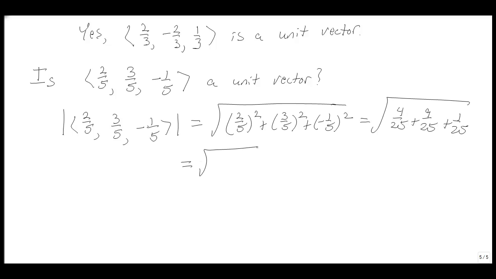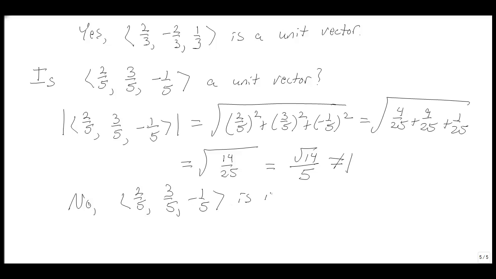I add those up. 4 plus 9 is 13, plus 1 is 14/25. That's not 1. If you wanted to simplify this, the square root of 25 is 5. You could write this as square root of 14 over 5. In any case, it's not 1 here. And so no, 2/5, 3/5, negative 1/5 is not a unit vector.